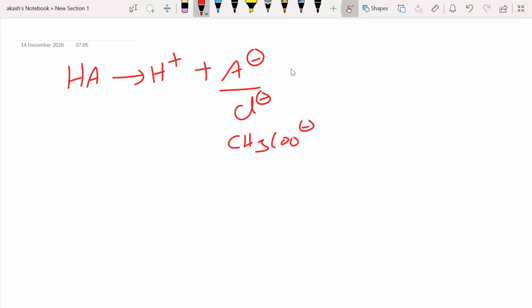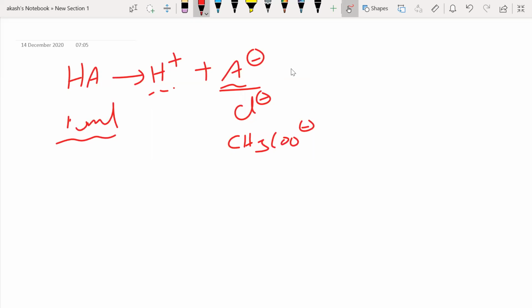Say if I take my HCl, and I have initially 10 ml of the acid, you will see that almost all of these 10 ml of the acid has given me H plus and Cl minus.